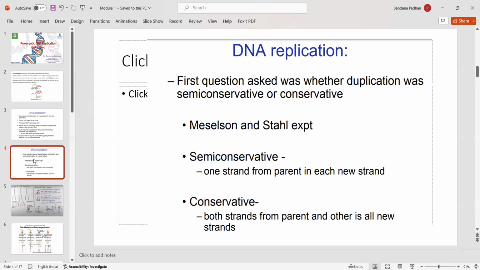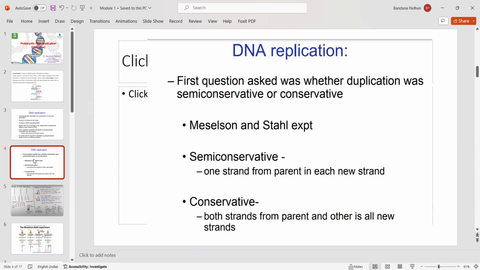This is all about the DNA replication process. And this process was proven to be semi-conservative. What is the semi-conservative model of DNA replication? Semi-conservative means that of the two strands of DNA, each individual parental strand acts as a template for making a new strand.